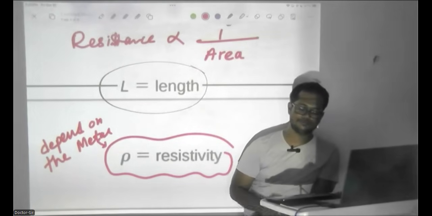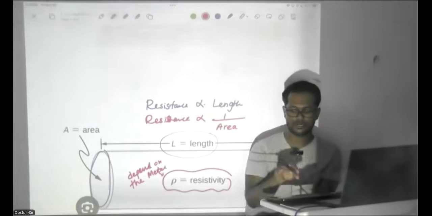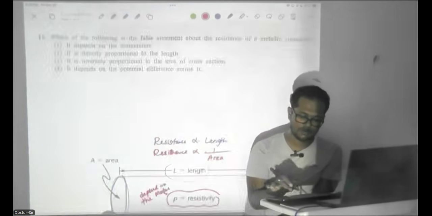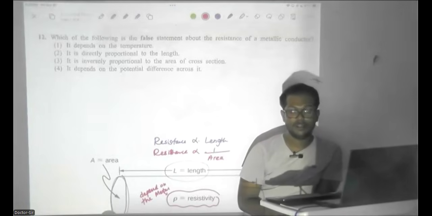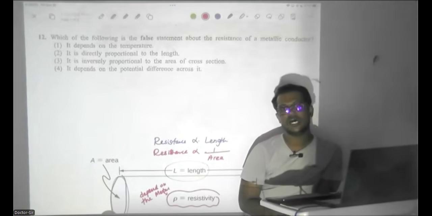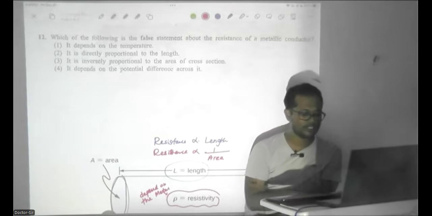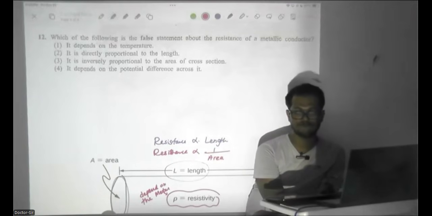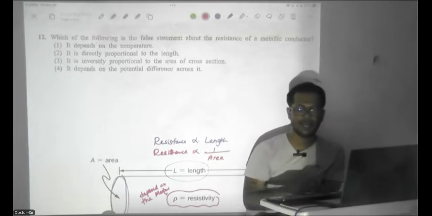So that depends on the metal. Right. So three factors, but the important two are length and the area. Now you know about that. Now, does temperature affect it or not? Is it an important factor for resistance or not? Okay, I will tell.